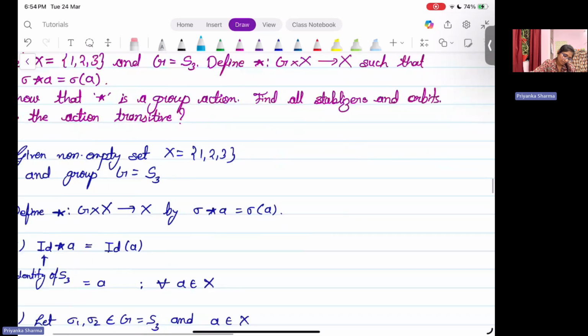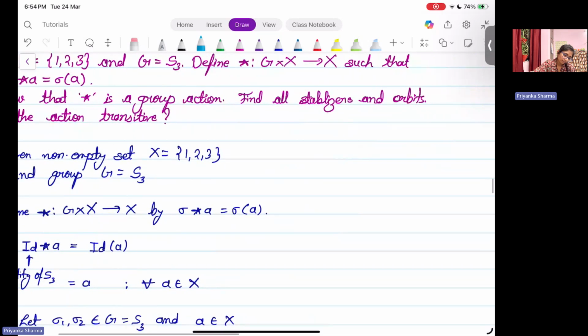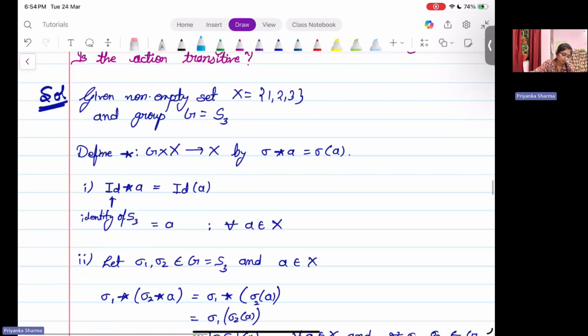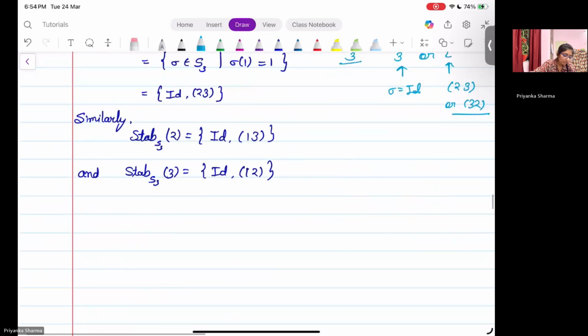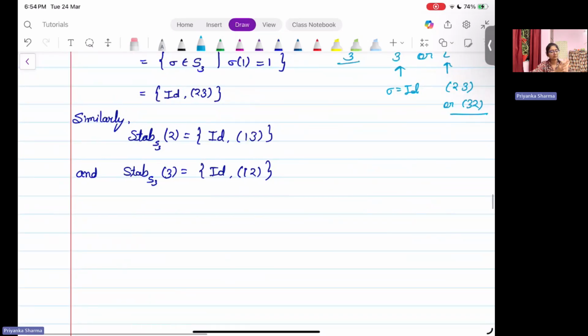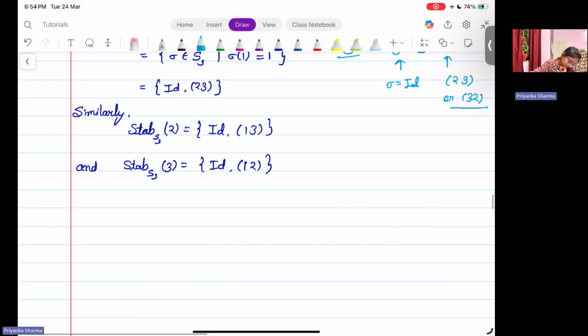So the stabilizer part is also done. Now we need to find the orbit. What happens if we check the orbit decomposition theorem?